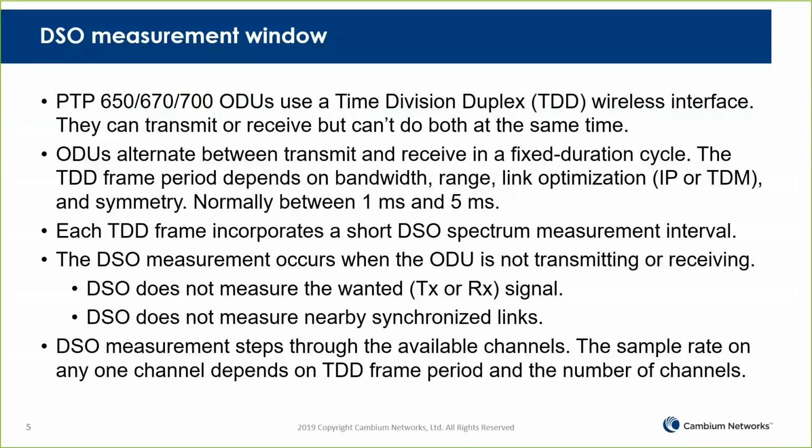So we've got this short measurement opportunity in each TDD frame, and what the radio does is tune to a different channel each time it makes a measurement. It cycles through the available channels, perhaps starting in the lowest channel and moving up one channel in each TDD frame until it's measured all channels, and then repeats from the bottom of the band.